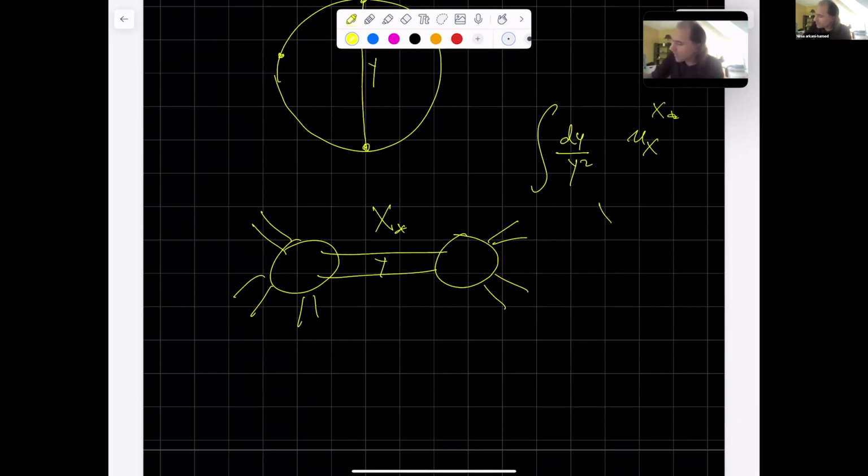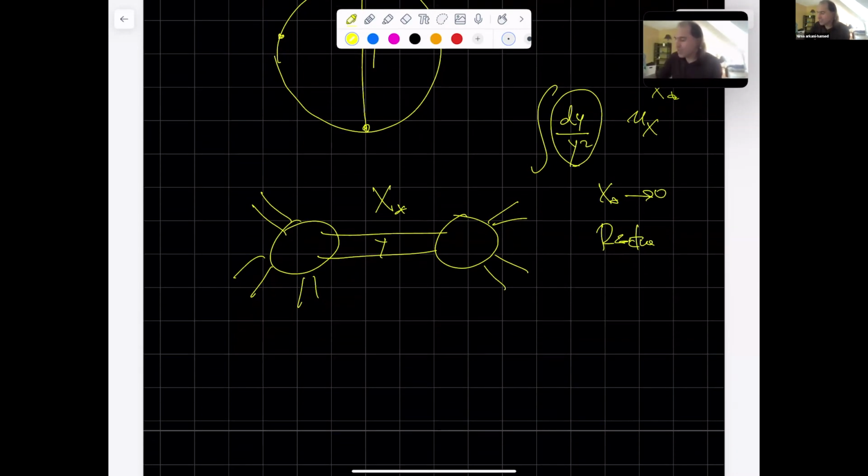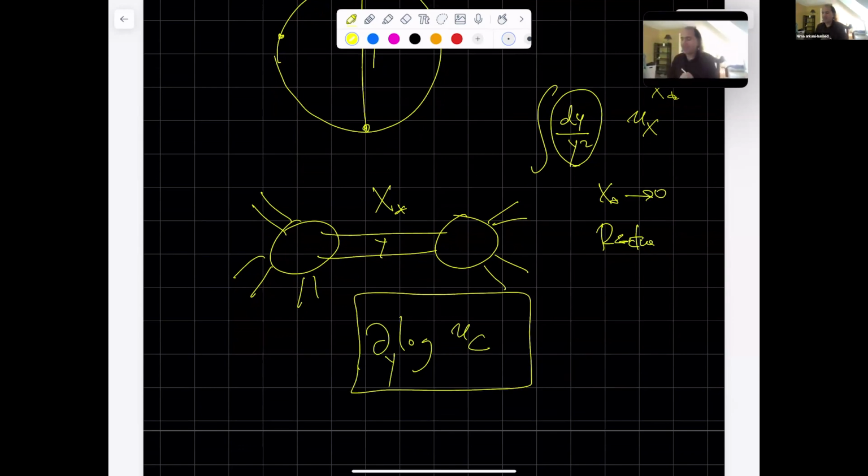If I want to know what happens as x star goes to 0, the residue is simply given by taking the residue of this form at y equals 0. Because of the square there, I need to compute the d log of the u for any other curve with respect to y. So this is the object that I need to learn how to compute.